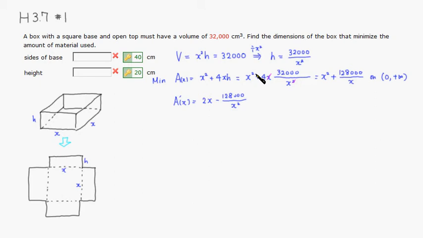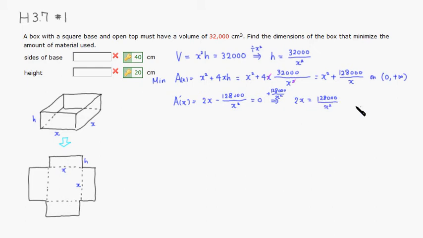Then this is equal to 0. So we can add 128,000 over x squared to both sides. So we have 2x is equal to 128,000 over x squared.